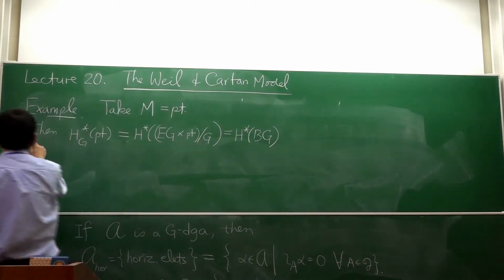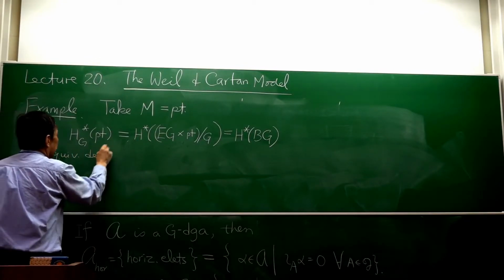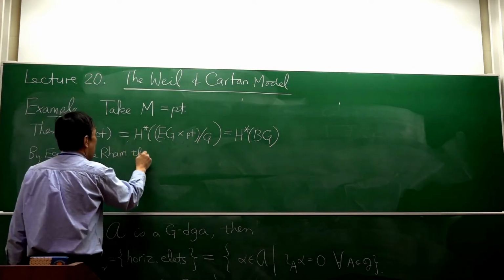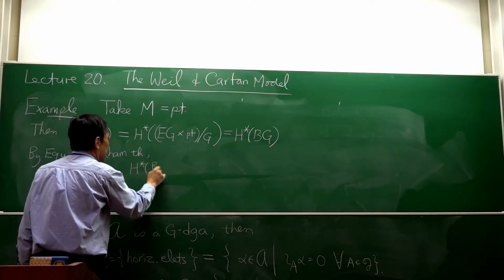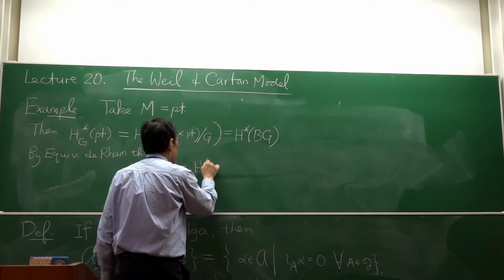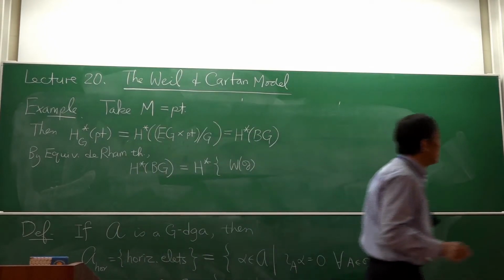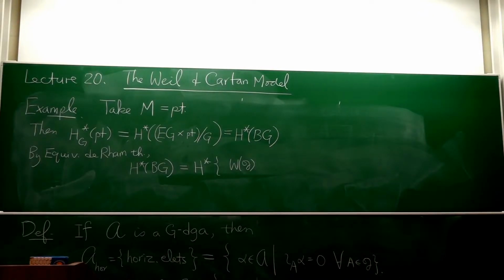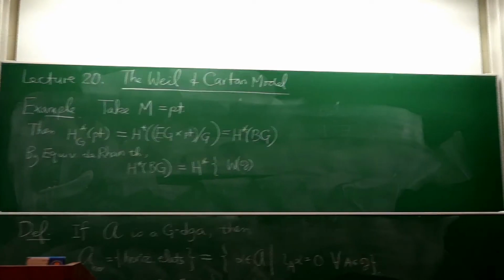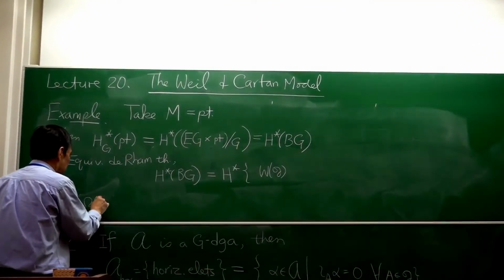Now, by the equivariant de Rham theorem, the cohomology of the classifying space is the cohomology of the Weil model, which is the Weil algebra tensor, well, omega of a point. What is omega of a point?